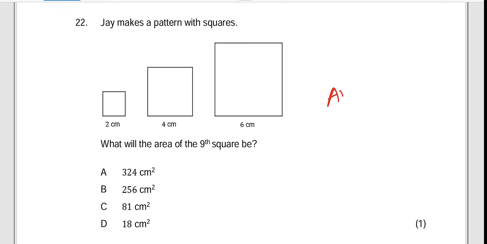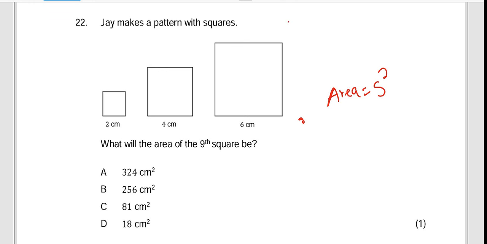The area is s to the exponent of 2. The first pattern has 2, the second pattern has 4, then 6, and the fourth pattern will have 8, and the ninth pattern will have 18.